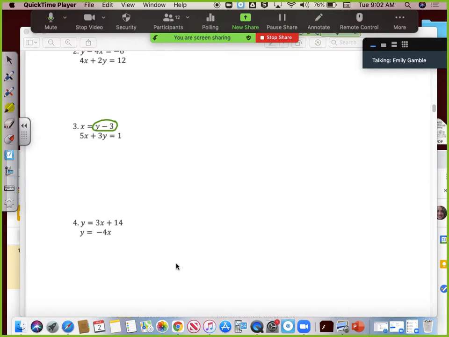X is equal to y minus 3. So I will replace x in that second equation with y minus 3. Instead of 5x plus 3y equals 1, you're going to take this x here and replace it with what it's equal to, which is y minus 3.